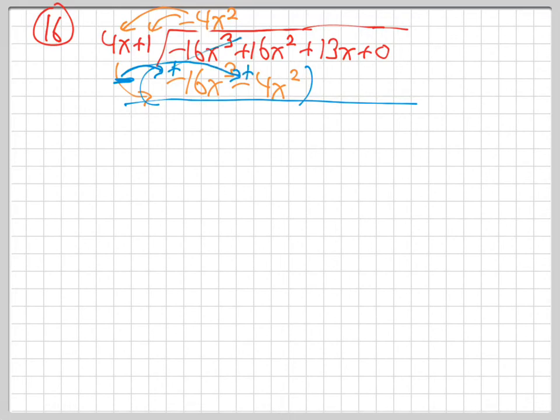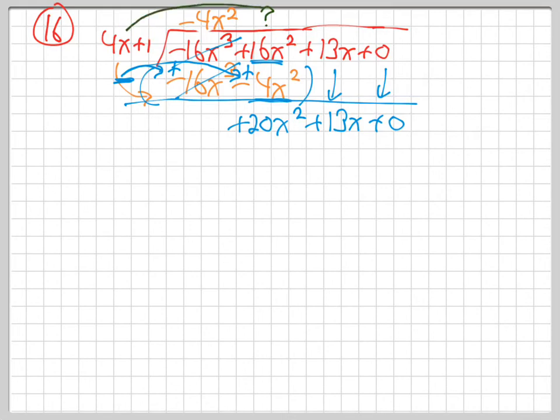Now they're opposites. Minus 16x cubed plus 16x cubed, they cancel. See how that always works? We make it the same at first, then the subtraction makes it opposite. Plus 16x squared plus 4x squared is plus 20x squared. And then bring down these guys. Plus 13x plus 0. Next step, what are we going to put here?